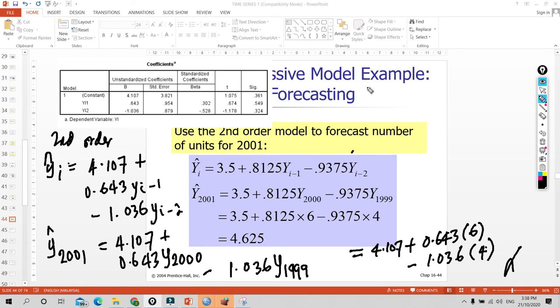Now, if you want to estimate the sales for 2001 by using the first order model, the formula here is a naught plus a1 yi minus 1.